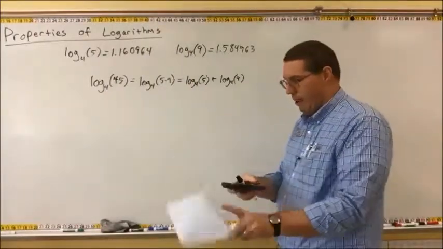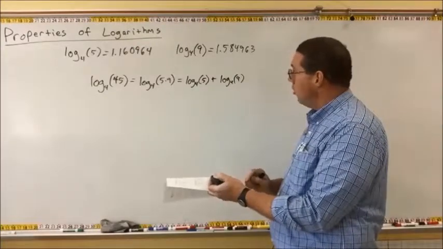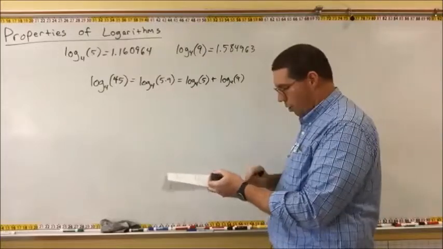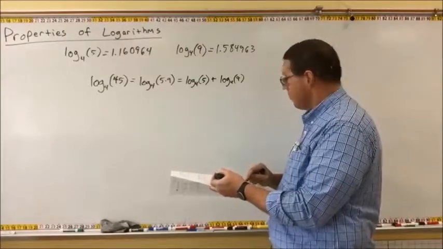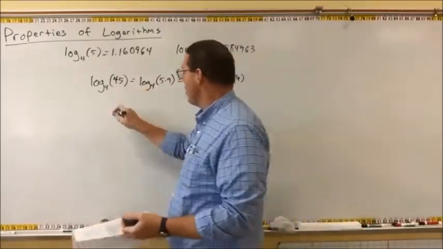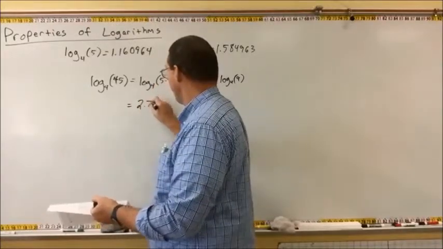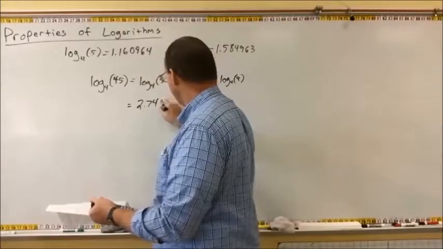So now in my calculator, I'm going to do 1.160964 plus 1.584963. Then I'm going to press enter. And so then the answer to this is going to be 2.745927.